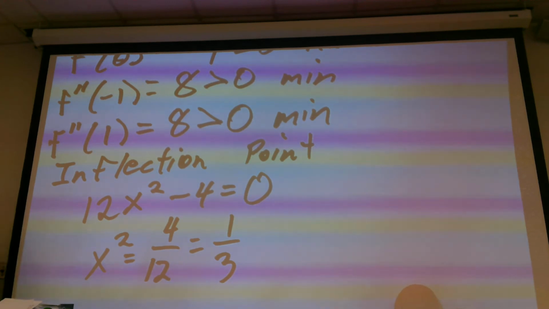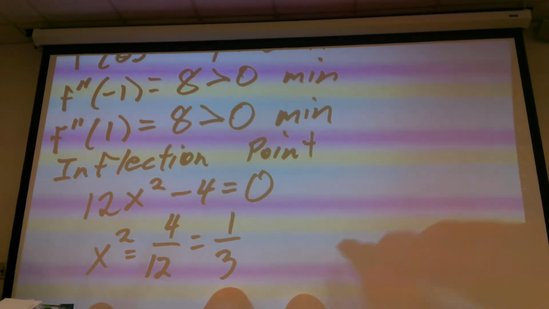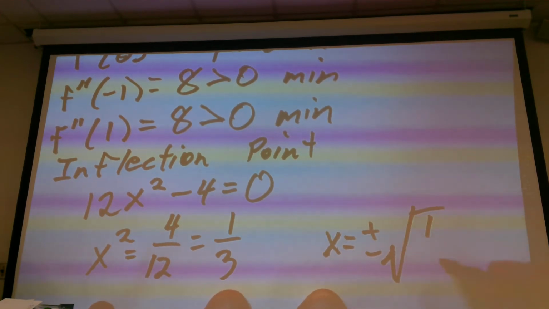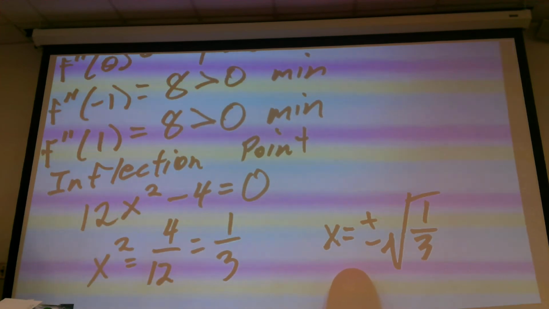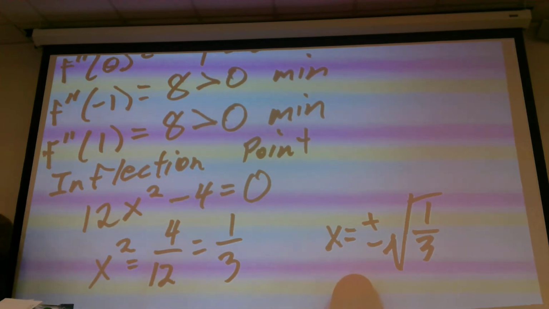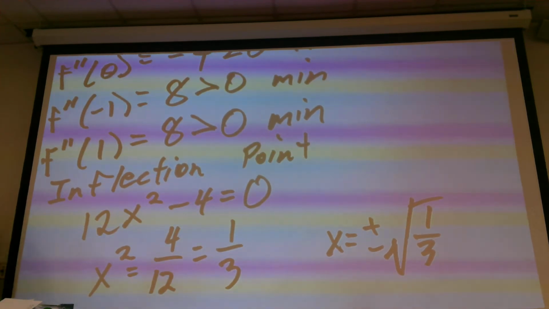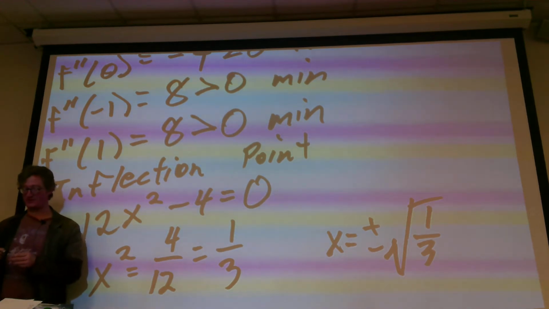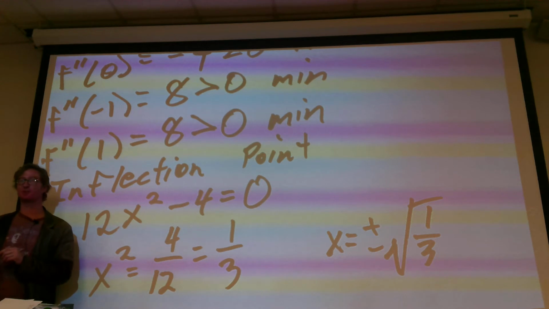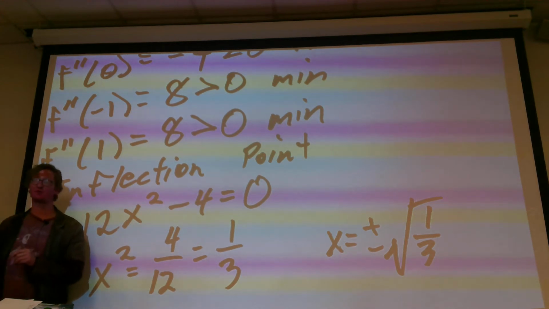And then we take the square root of both sides, and we're going to get that x is going to equal plus or minus the square root of 1 divided by 3. So this guy is actually going to have 2 inflection points. You're going to have more than one inflection point. I mean, if you think about sine of x or cosine of x, they've got infinitely many inflection points because it's just a wave that keeps changing from positive concavity to negative, back and forth forever.